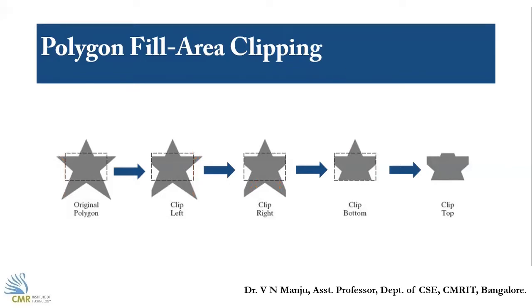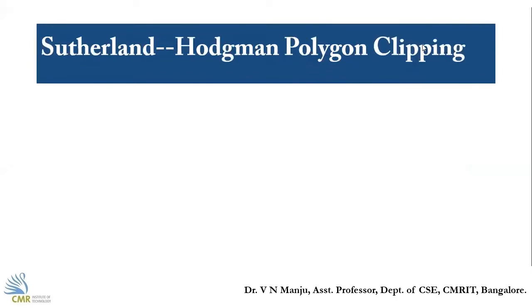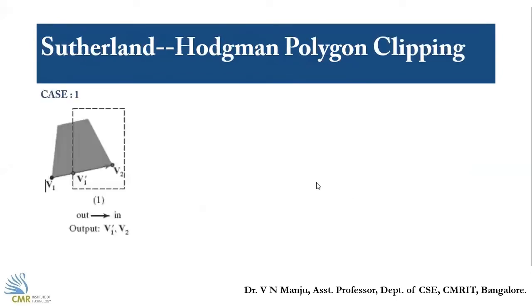When we talk about the Sutherland-Hodgman clipping algorithm, here we have 4 cases. This is a very important case. In this we have what we call a clipping window. This is a clipping window, and now here we have vertices V1 and V2.